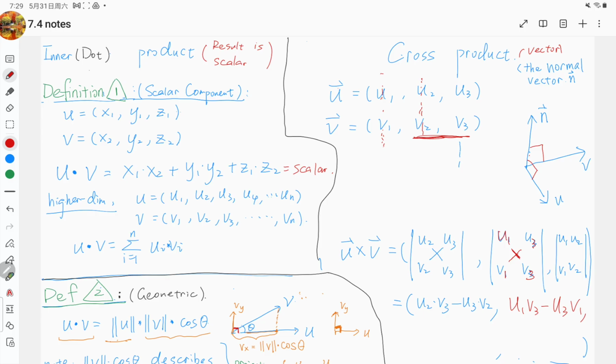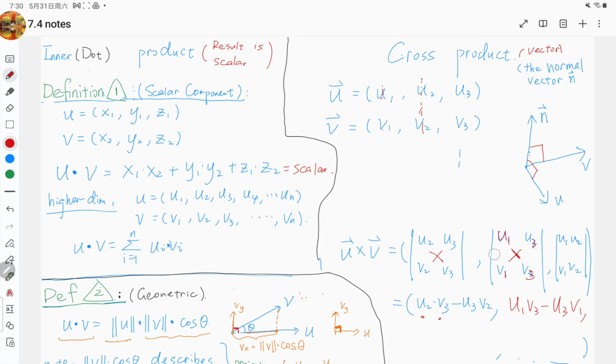Then the cross product's first component is u2 times v3 here, minus this direction, u3 times v2, right? And then the same for the second component, where we cross the second line, okay?